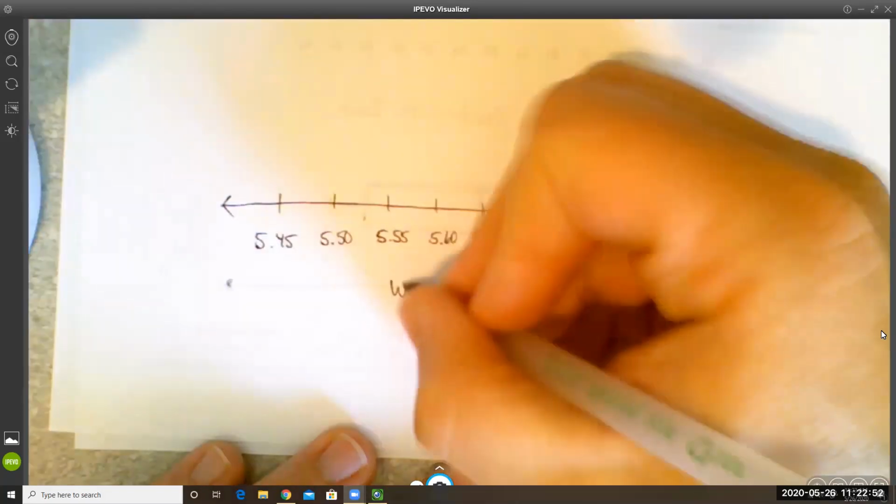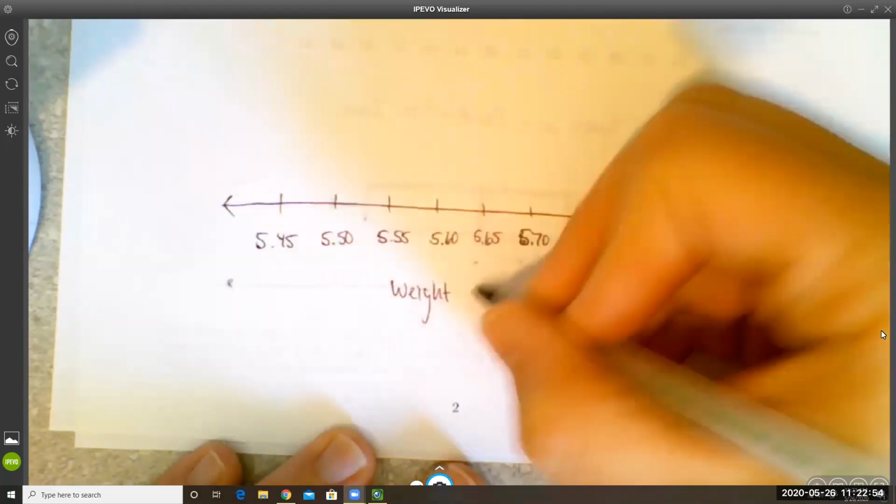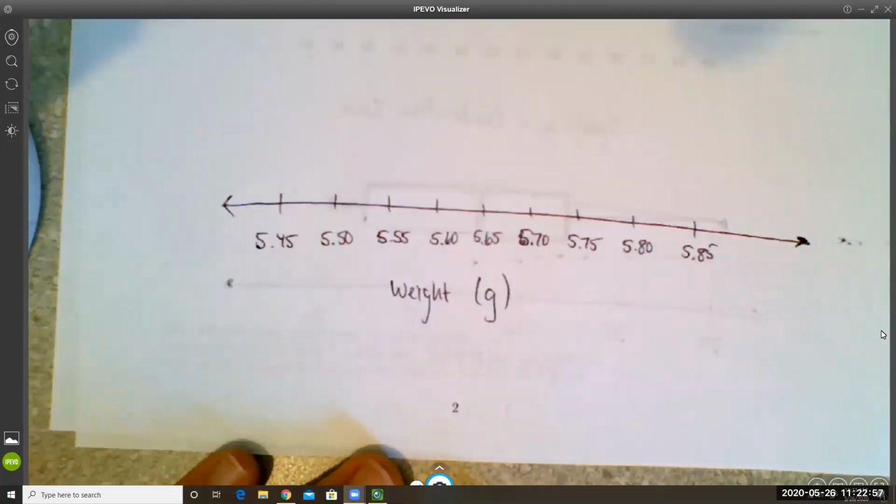So these are the weights. This is weight in grams.